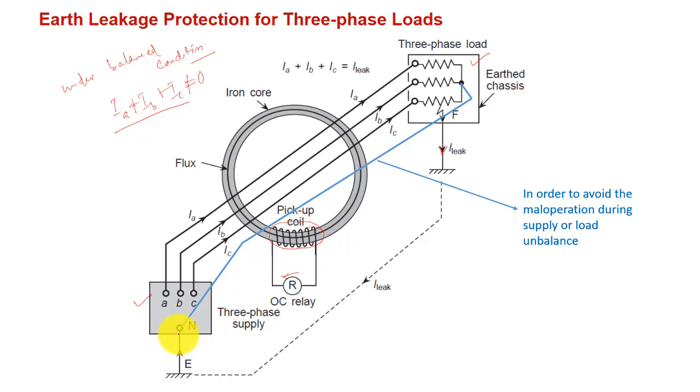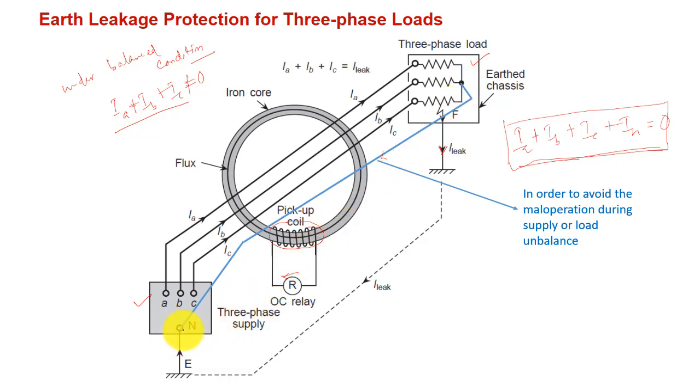But if we change the arrangement a little, and put the neutral wire along with these 3-phase wires, then under unbalanced condition also Ia plus Ib plus In will be equal to 0, right, because In is always the return path when there is unbalancing. Therefore it will become 0, and hence your net flux in the core will be 0, and there will be no current. So the safest condition is to put one neutral wire along with the 3-phase wires, connecting the neutral of the load to the neutral of the supply.